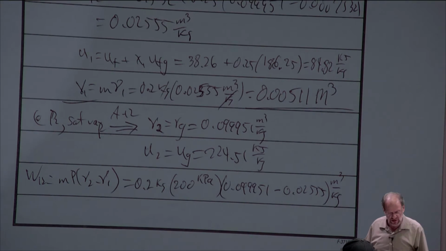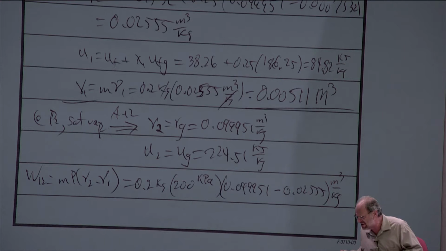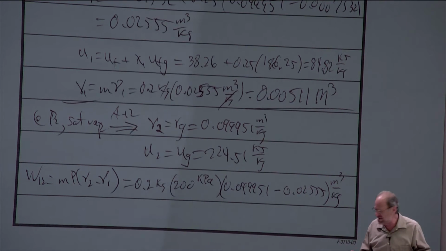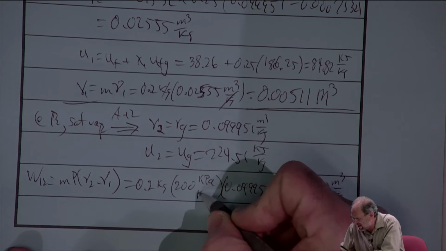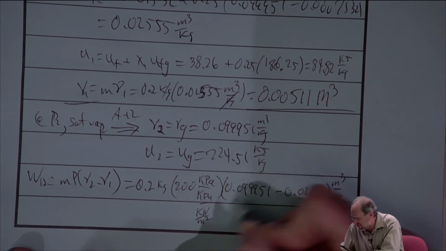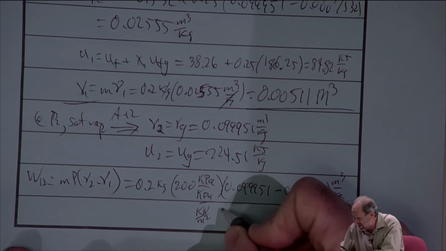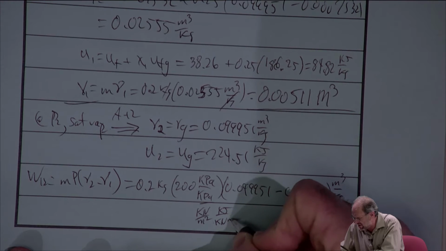As usual, you look at those units, and the units clearly don't look correct. I mean, where's the kilojoules in all this? But as usual, let's just remember that a kilopascal is the same thing as a kilonewton per square meter, and a kilojoule is the same thing as a kilonewton meter.